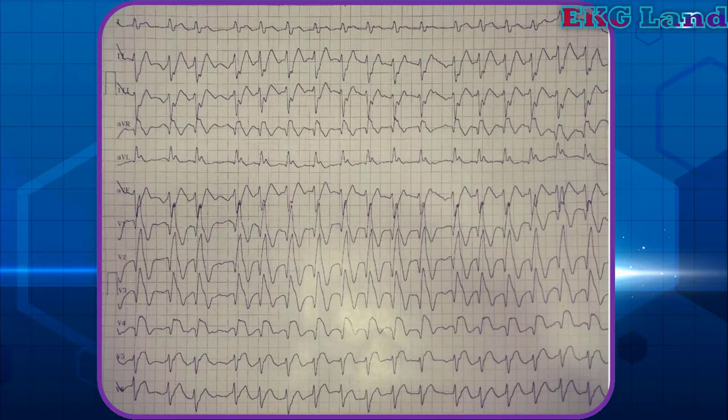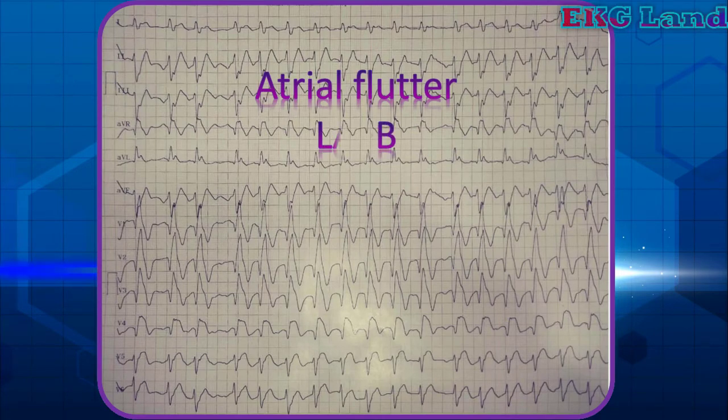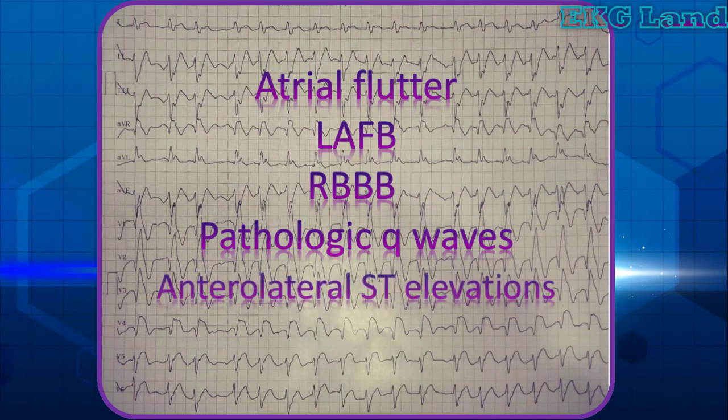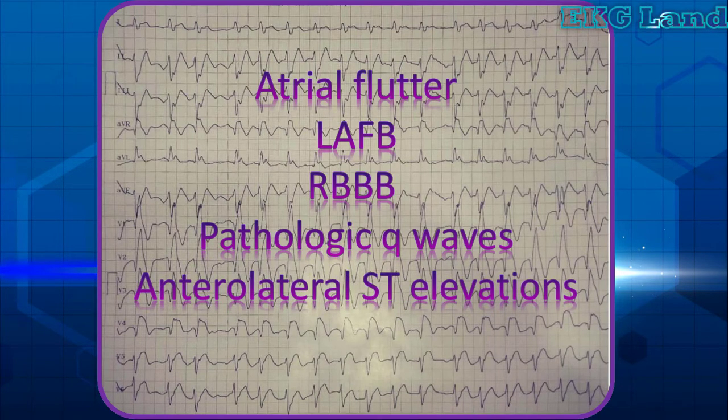To interpret our EKG properly, we are supposed to make a list of abnormal findings. In this strip, the abnormal findings are: atrial flutter, left axis deviation due to left anterior fascicular block, wide complexes due to RBBB, pathologic Q waves in anterior leads, and ST elevations in extensive anterolateral territory.